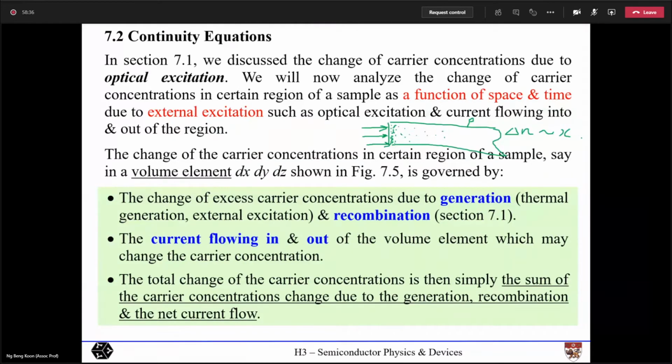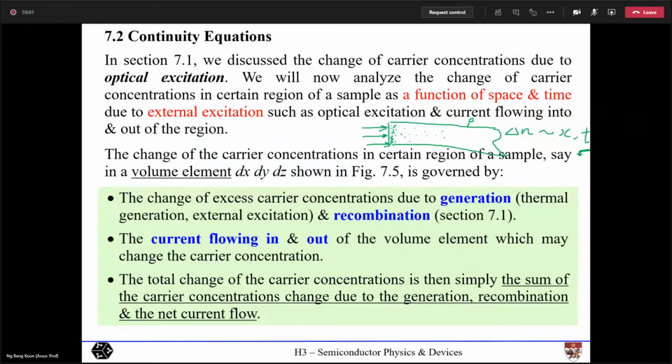Obviously time could be a consideration as well, so in fact there are two variables. But in the context of this discussion, we're assuming a steady state case where it doesn't change with time. That simplifies the analysis.